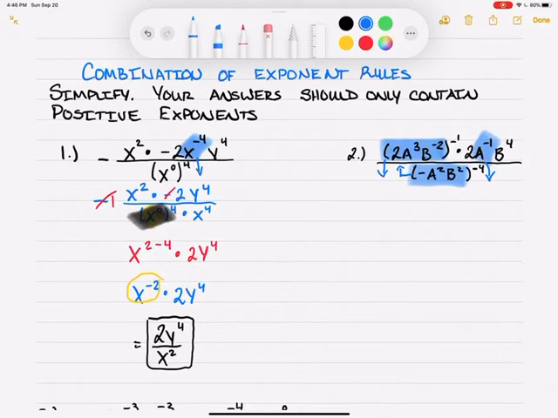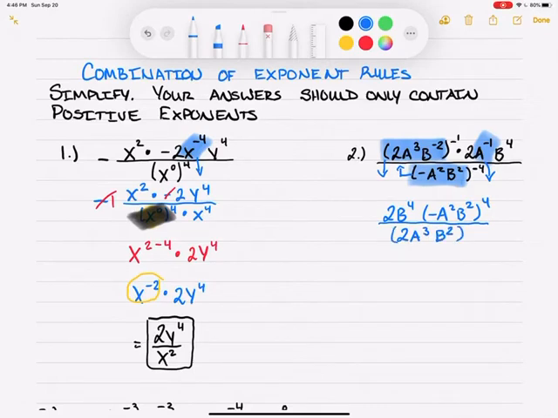So what I'll have when I do that is 2b to the fourth will still be in the numerator. It hasn't moved. Then I have negative a squared b squared raised to the power of positive 4. In the denominator now I have 2a to the third, b to the second.